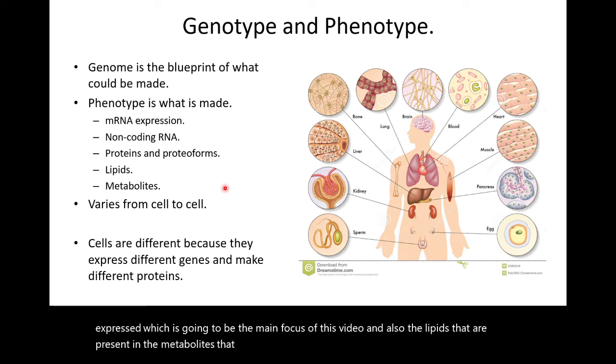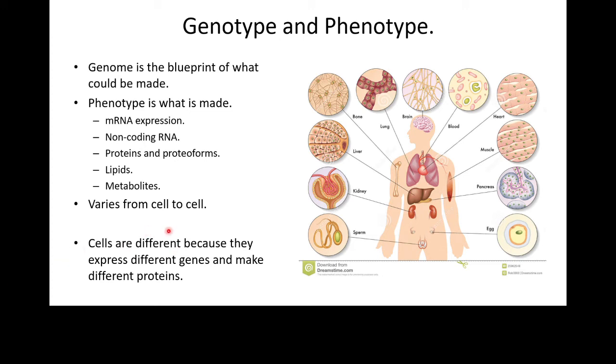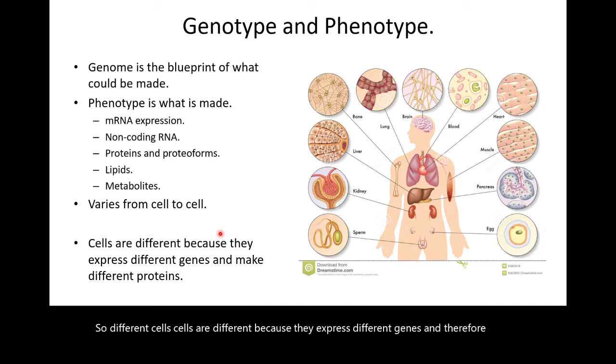Now, these vary from cell to cell. And so, yes, cells are different. Different cells are different because they express different genes and therefore they make different proteins. So that's the difference between genotype and phenotype.